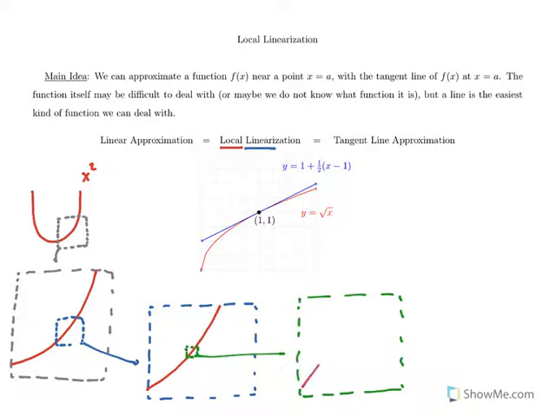And at this point, there's really no difference between the function itself and a line. And the line that we have here is exactly the tangent line to the function at that point.